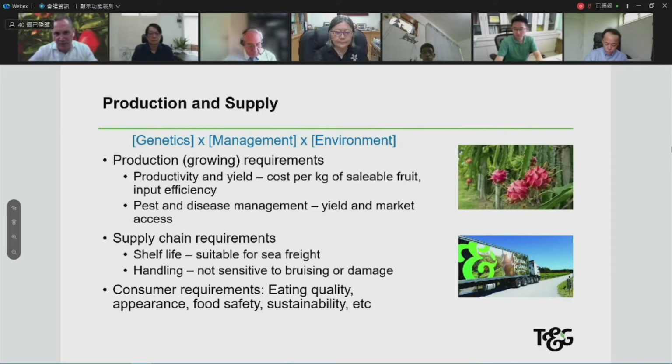It also needs to deliver the requirements for the supply chain, and particularly for international markets, with a longer shelf life and not so sensitive to bruising or damage because of the additional handling required to send it overseas. And thirdly, you need to have your production and supply system deliver fruit that meets the consumer's requirements. And as I mentioned before, if you can achieve not only good quality but consistent quality, then the consumer will recognise your product as being the one they want to buy.